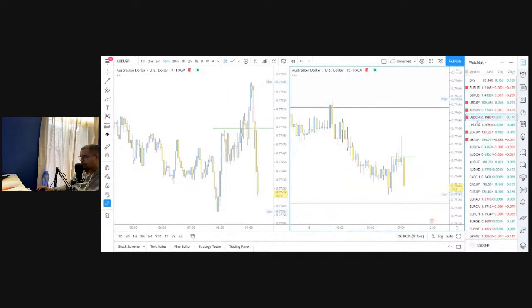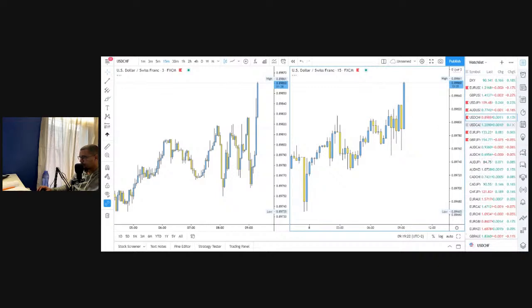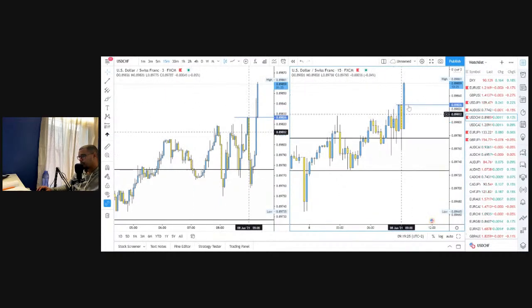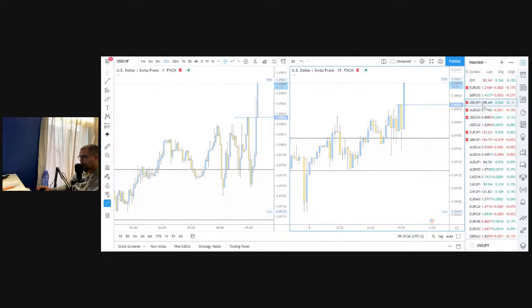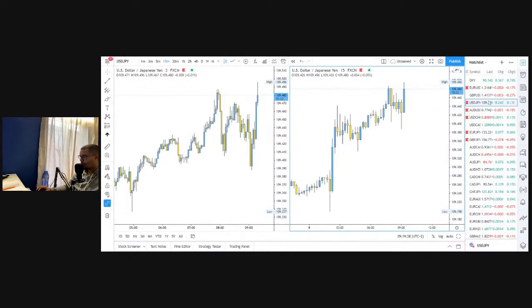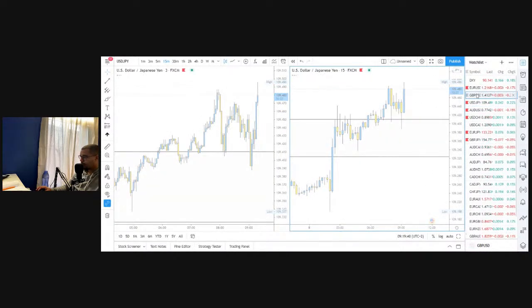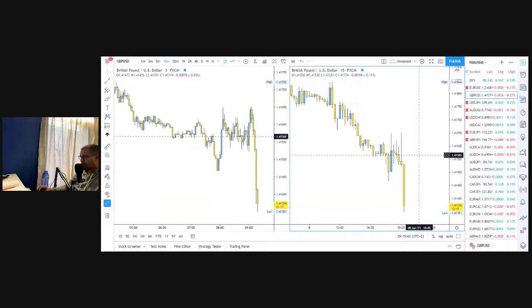You know what I mean? Even with this pair, I know after this it's highly probable that it's just going to go higher and higher, because that's the way USD CHF moves. Once it starts moving, it just goes.